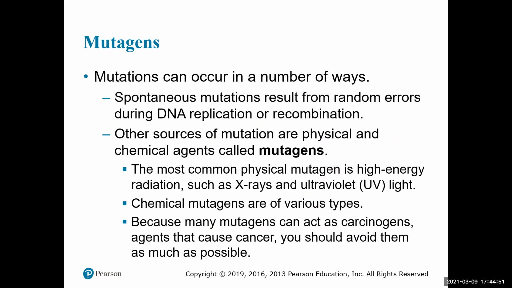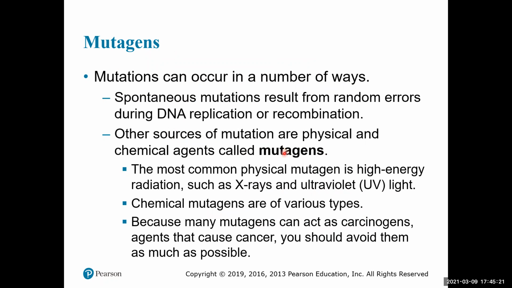And now just for a final information, so mutagens, which can occur in a number of ways, are basically just these spontaneous mutations that come from random errors in DNA replication and recombination. You can also have mutagens that come from substances such as radiation, which come from X-rays or ultraviolet light, and other mutagens can also act as carcinogens.